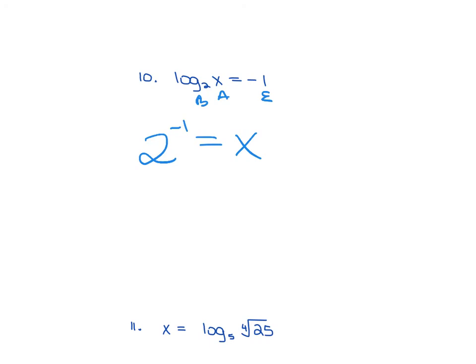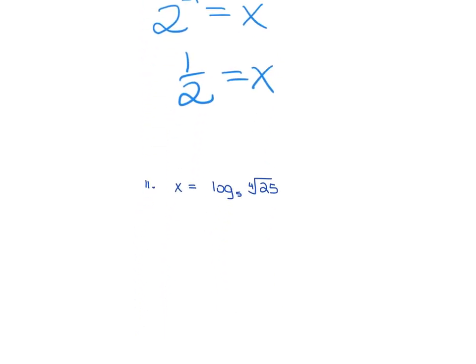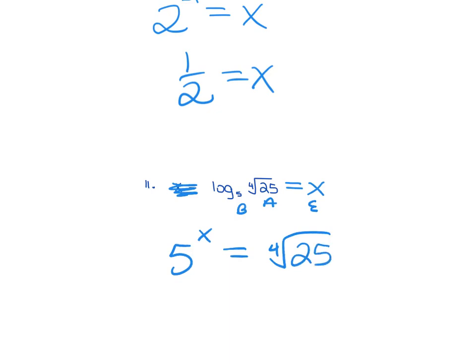And all I need to do is simplify what 2 to the negative 1 power is, and that's 1/2. Last example. Again, to do the Bay trick, let me move the x equals over here. BAE. 5 to the x power equals the 4th root of 25.